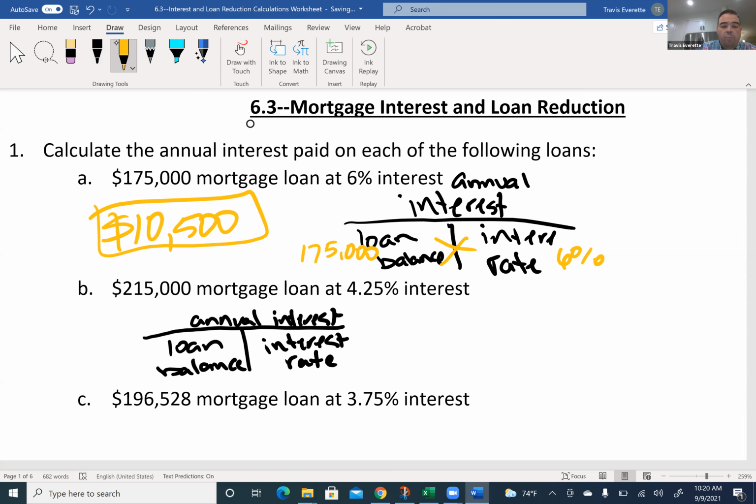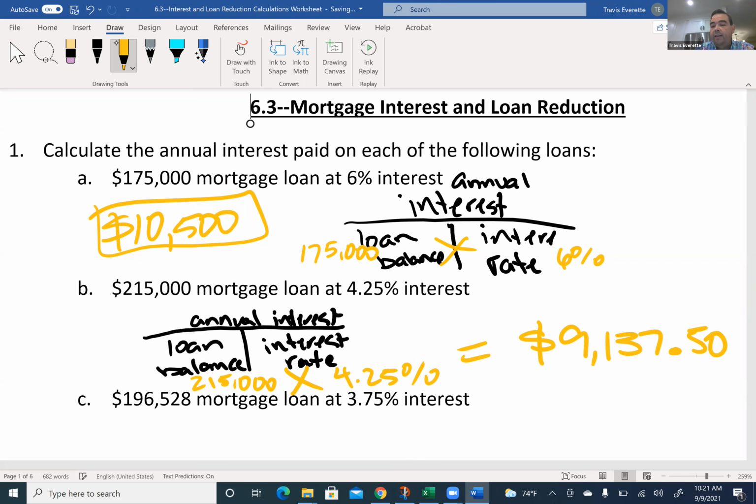They gave us the loan balance, $215,000, and an interest rate of 4.25%. And since those things are side by side in the formula, we know we're going to multiply them. So $215,000 times 4.25%. Remember, once you hit the percent button, don't hit equals. And so that equals $9,137.50 in annual interest on that loan.